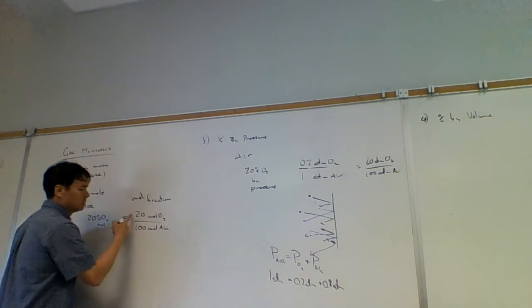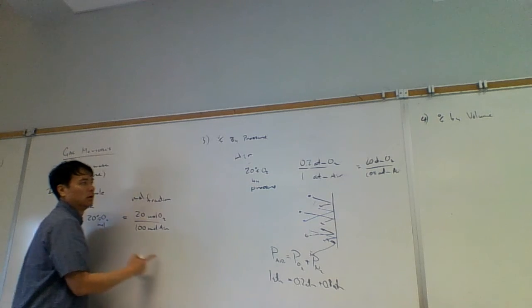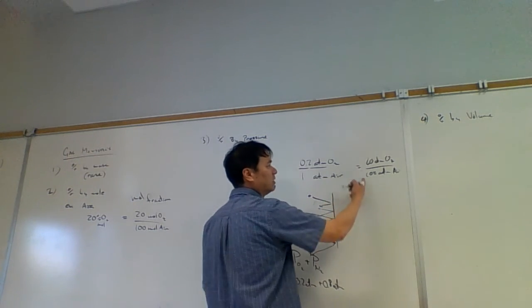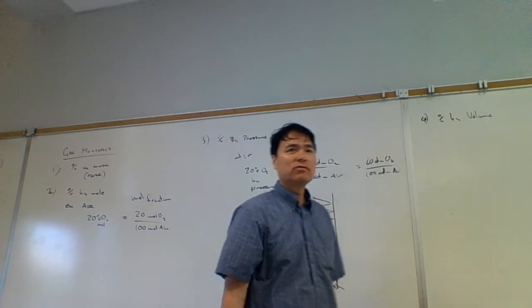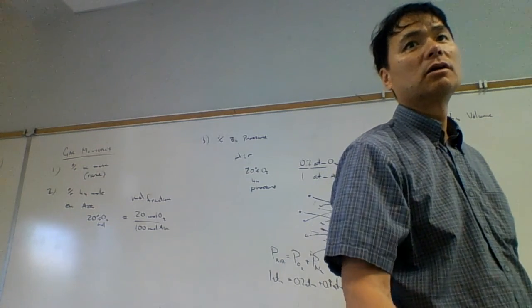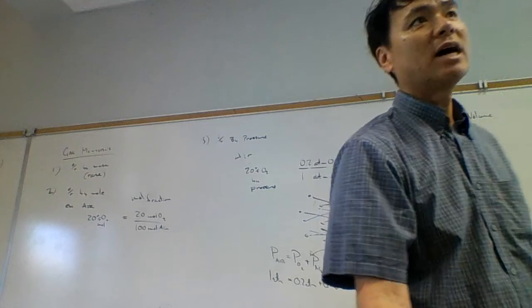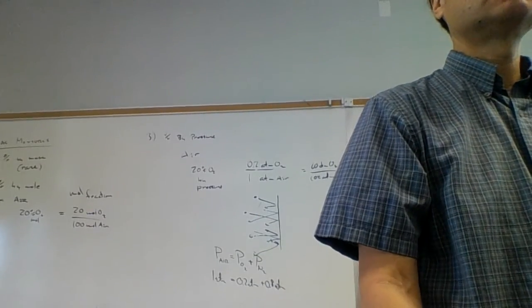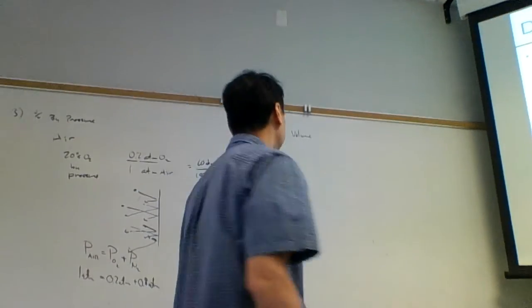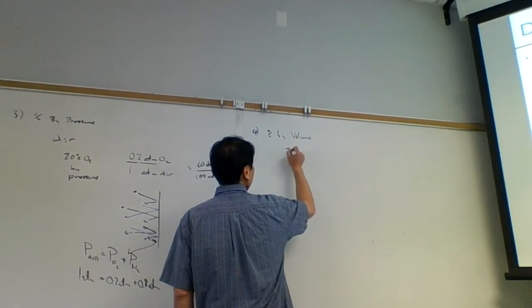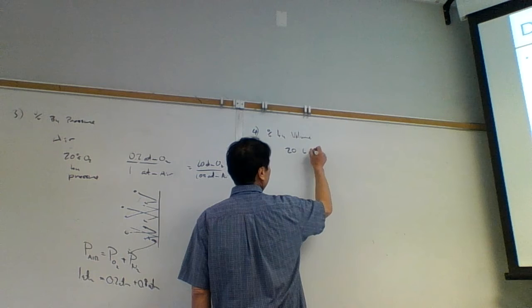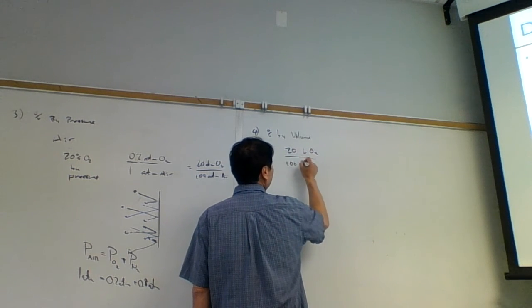Mole fraction is 20 out of 100. The pressure fraction is 20 out of 100. It turns out the volume fraction is 20 out of 100. The mass fraction is not, because the mass percentage is different. And so the percent by volume is the same: 20 liters of O2 for every 100 liters of air.